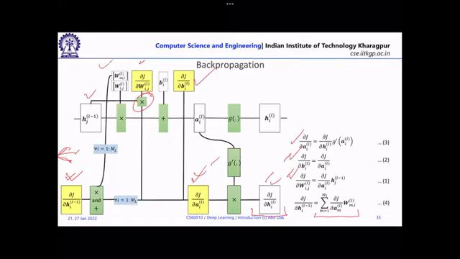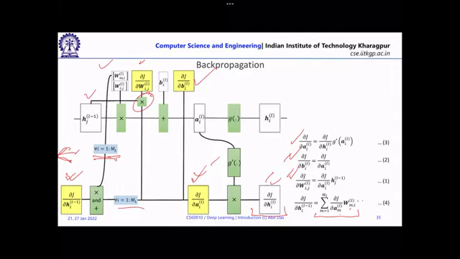Maybe just don't look at this. It is a little complicated, but for this equation you need to have del J del A_m^l for all m and W_mi^l for all m. So that is for all A_m and so on. I have tried to write it, but take it with a grain of salt.